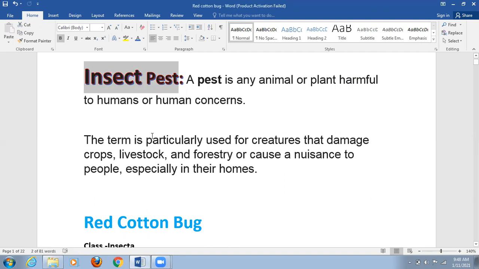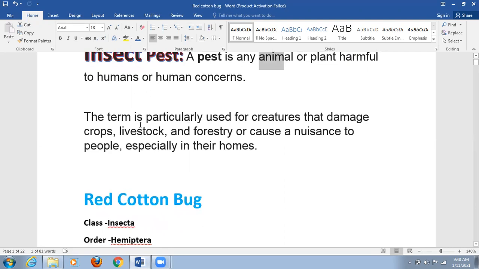pest. So insect pest, we know that this is any animal that harms the human or human concerns, that is known as a pest. The term is particularly used for the creatures that damage the crops, or damage the livestock, or damage the forestry, or cause disturbance to the people as well as to their house or homes.